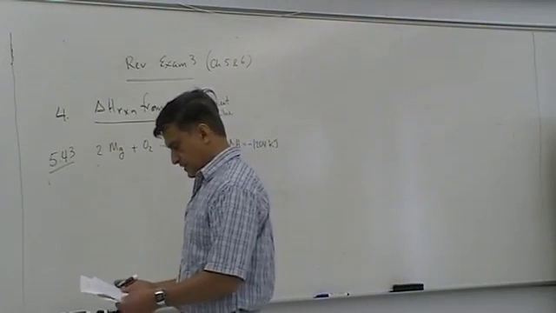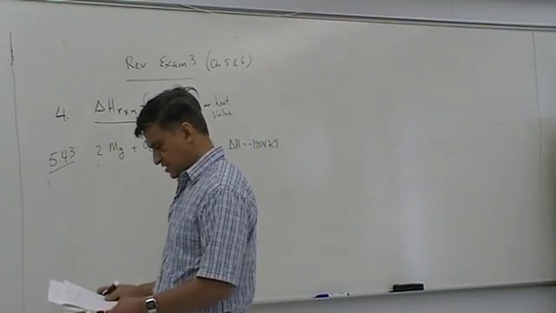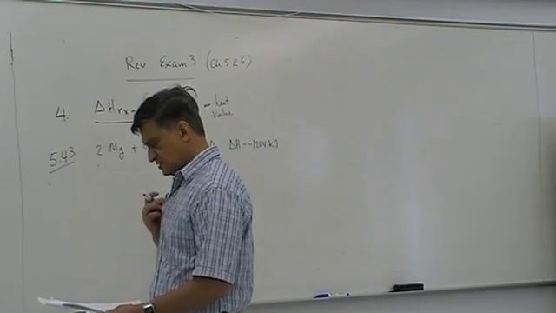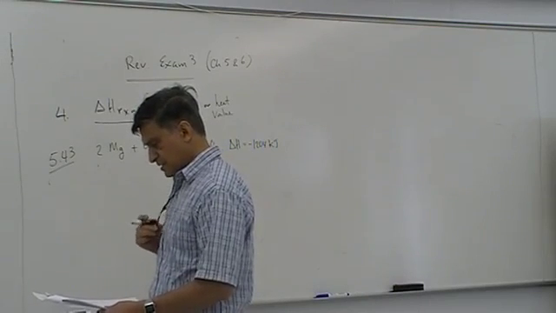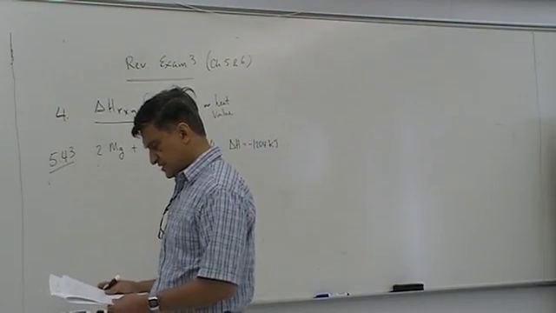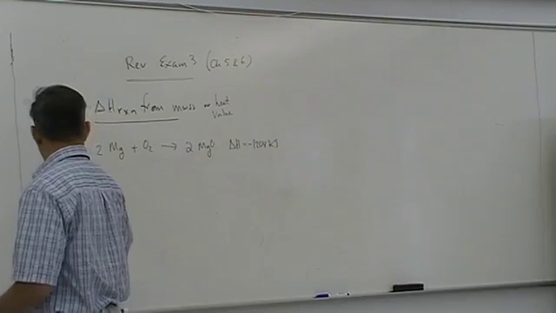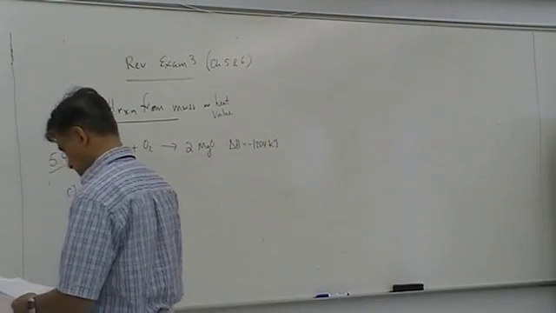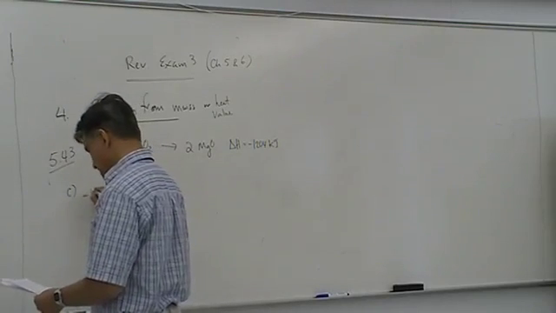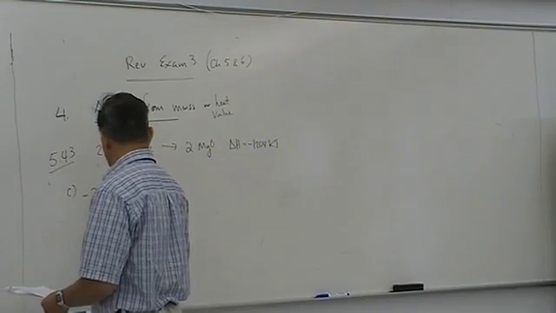Okay, now in this problem there are several different parts. In part C, they give you minus 234 kilojoule.